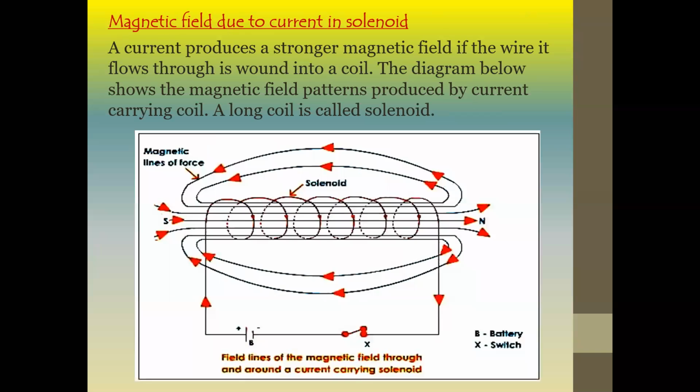But if it is a circular wire or a solenoid, you can see here the direction of the current. If we grip the wire using the right hand grip rule, the thumb will point towards the right in this example. So north is towards the right and south is towards the left, and the magnetic field is from north to south.